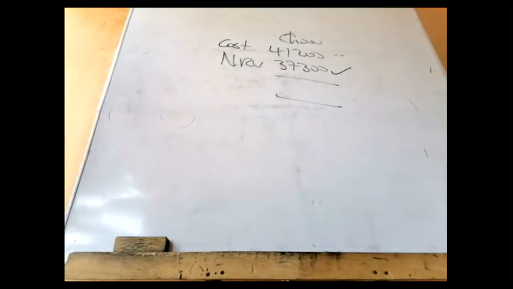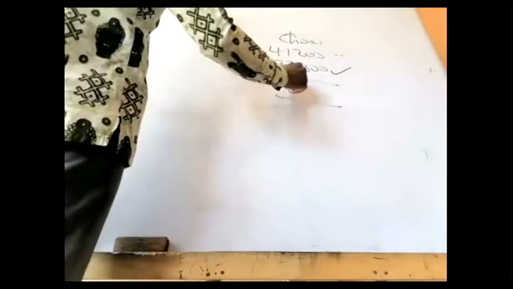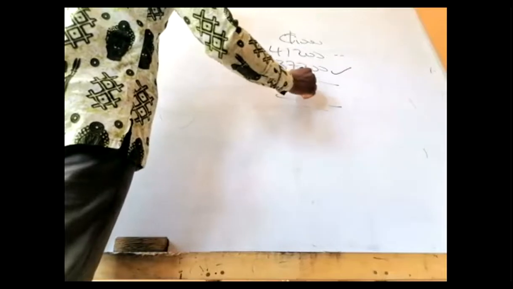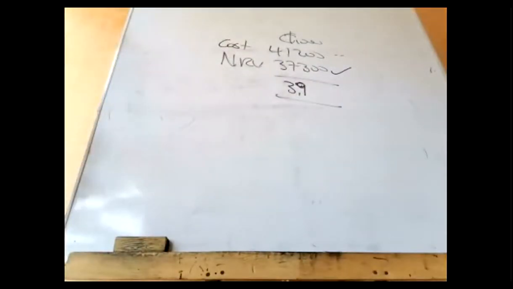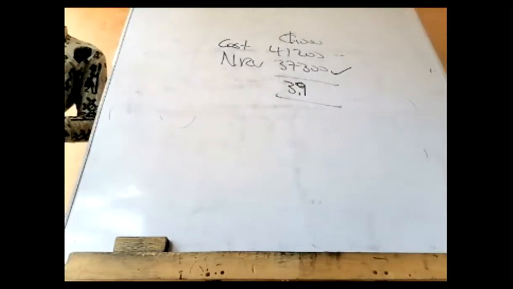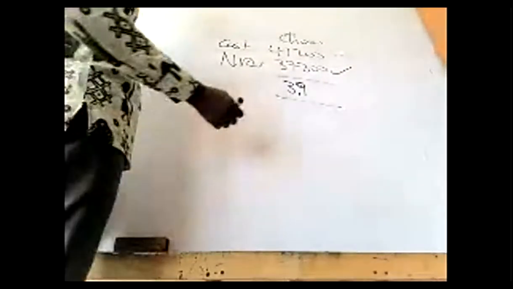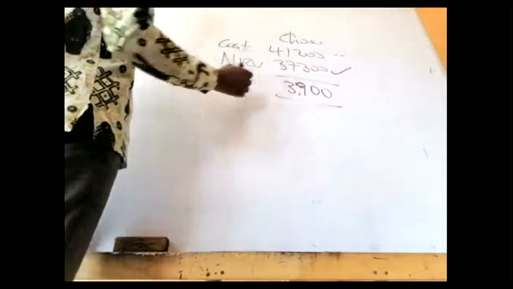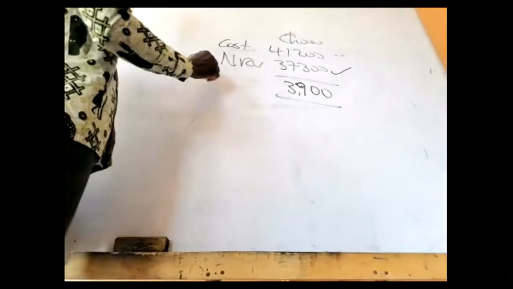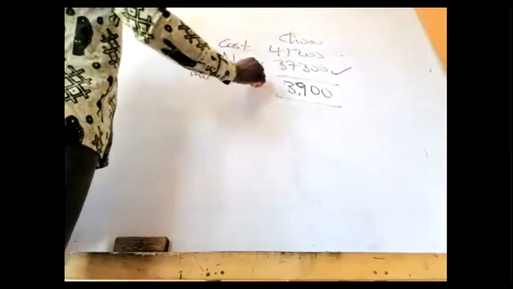The difference is 3,900. So that's the inventory written down, inventory written down by the difference.